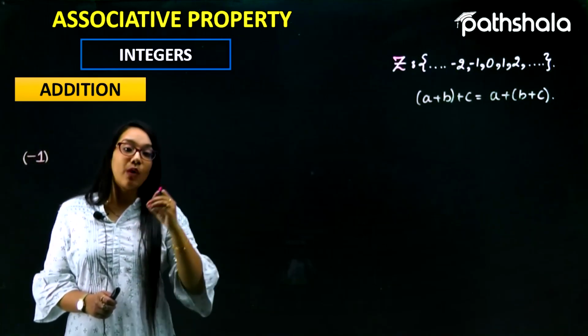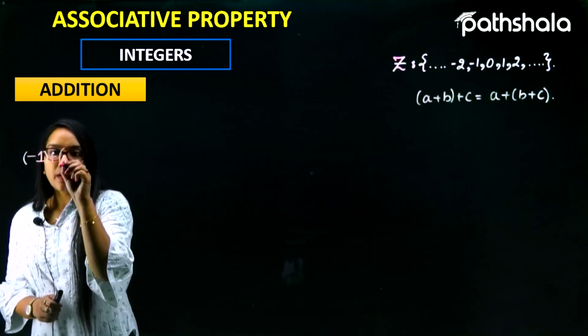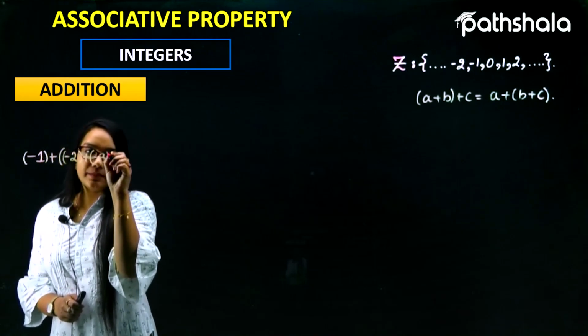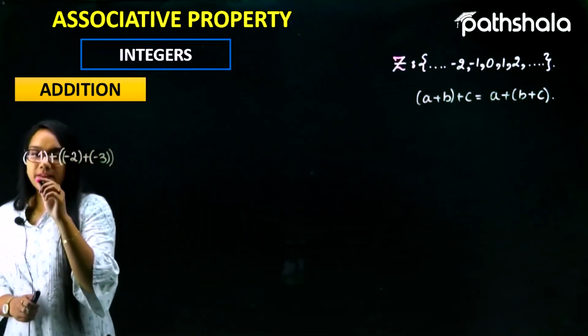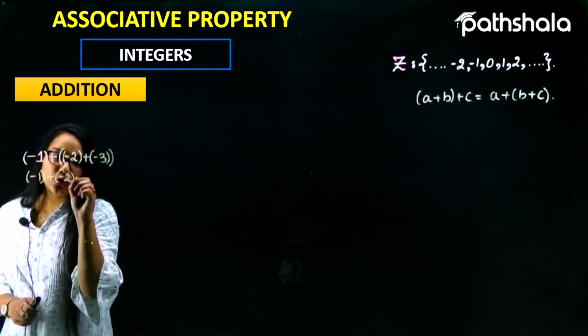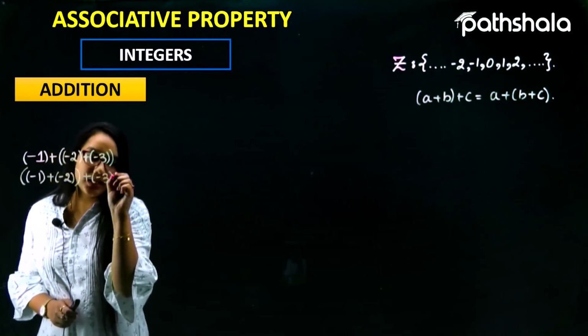So I'm adding all these three numbers as -1 + (-2 + -3). In the second way, I'll take -1 + -2 together in a bracket and -3 outside of it.